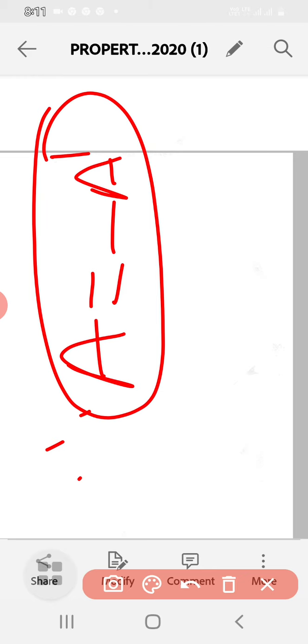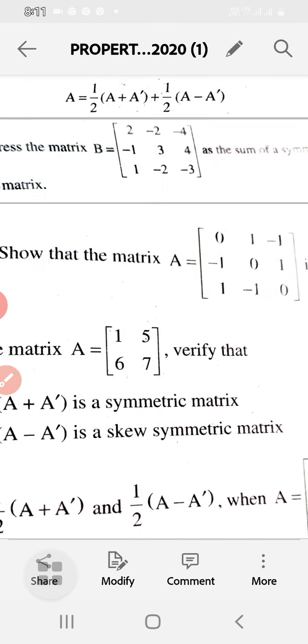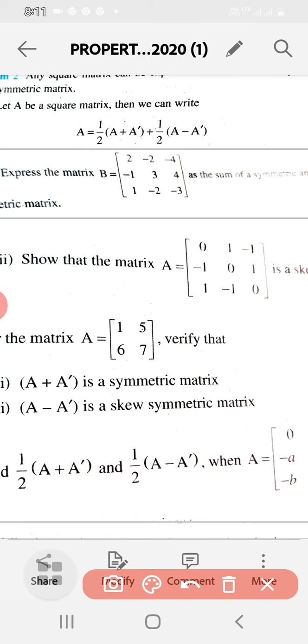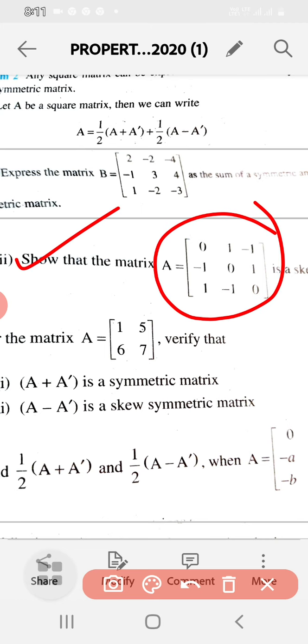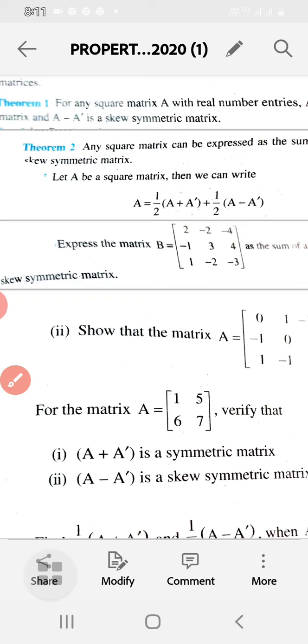That implies this A is a skew symmetric matrix. So that is, show that the matrix, see here, show that the matrix is a skew symmetric matrix. This one is over and we have also solved this one. So okay, let us go for next statement.